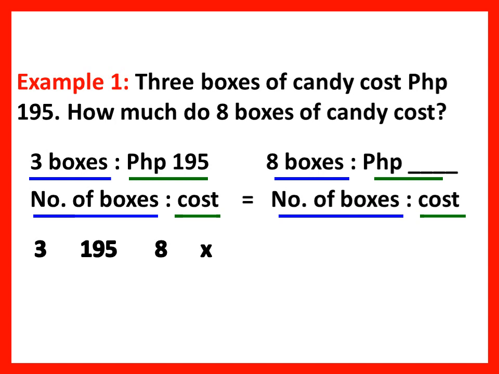If you analyze the given situation here, 3 boxes is 195 pesos. For 8 boxes, what do you expect with the amount of money? Obviously, you have to expect that it should be higher than 195.